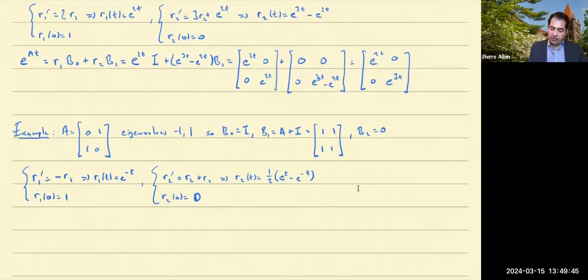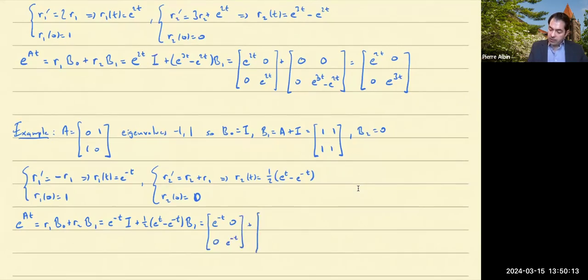So that means that the exponential, right, R1 B0 plus R2 B1 would be e to the minus t times the identity plus 1/2 e to the t minus e to the minus t times B1. All right, so that's to say e to the minus t on the diagonal for this first term.